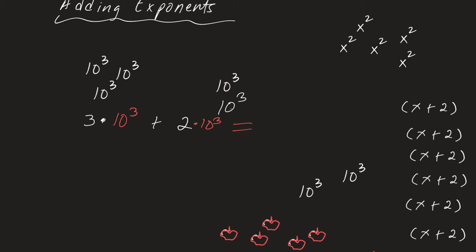And of course, how many do we get? We get 5: 1, 2, 3, 4, 5. 3 plus 2 is 5. And then we just bring the times 10 to the third. See, the identity here is 10 to the third.